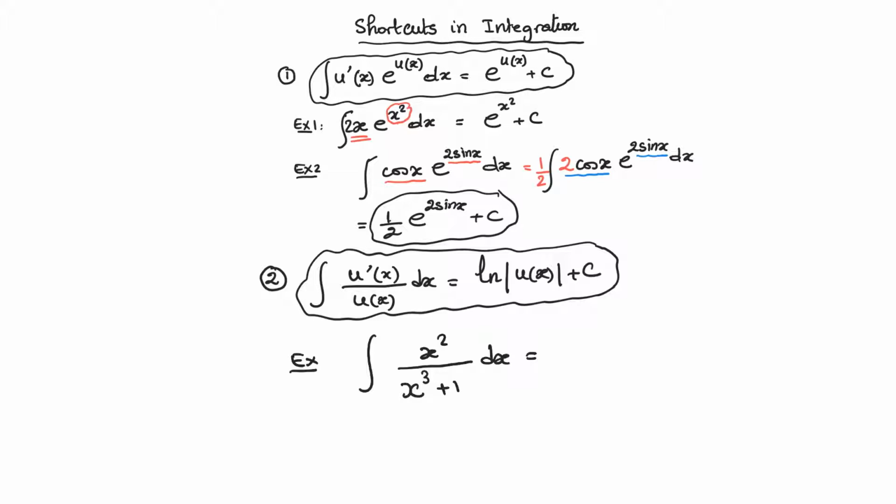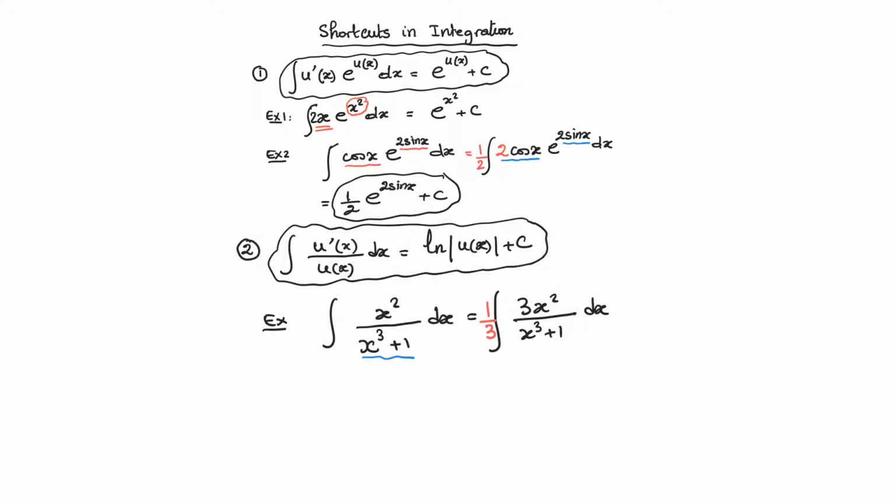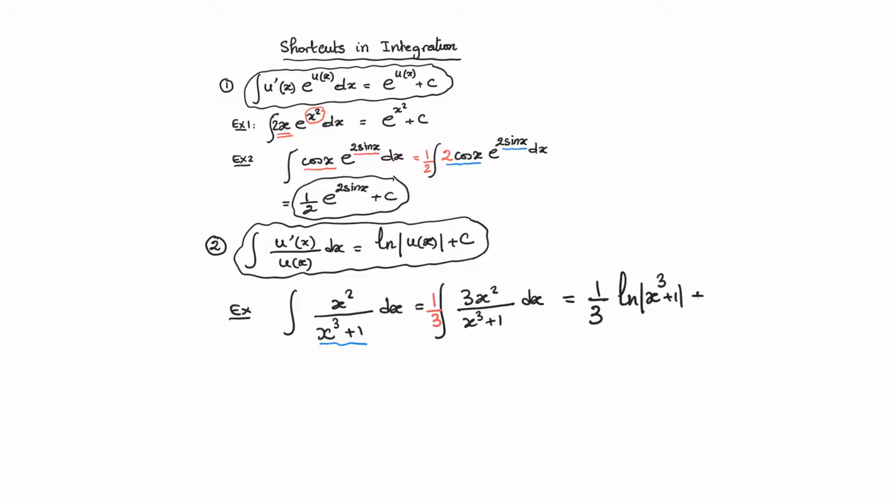Now, if u is the function x cubed plus 1, its derivative is 3x squared, which we don't have exactly, but we can have 3x squared over x cubed plus 1 dx, but again, we need to put 1 over 3 at the beginning, and then that is just 1 over 3, and this now is ln of x cubed plus 1 plus a constant. So really simple.